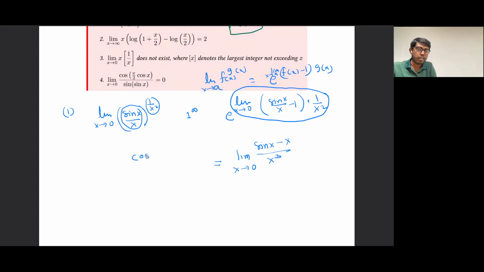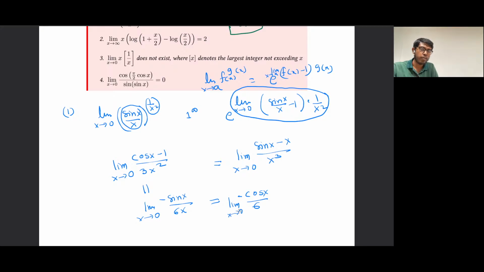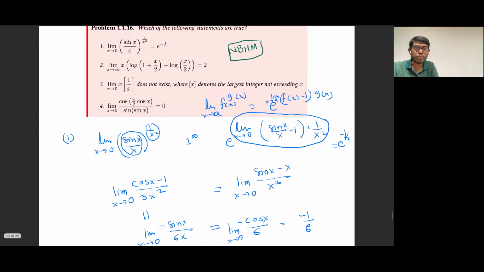This is (cos x minus 1) / 3x². Again 0 by 0 form, so again we apply the same. This is minus sin x / 6x. Again the same, so we apply L'Hopital again. This is minus cos x / 6. Therefore this is minus 1 by 6, and this will be e to the power minus 1/6. Therefore this is correct.